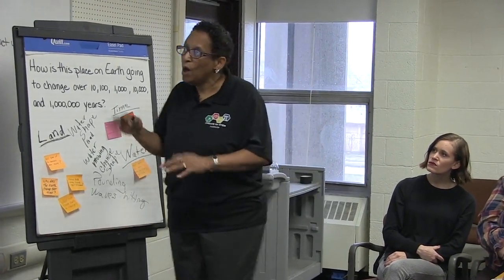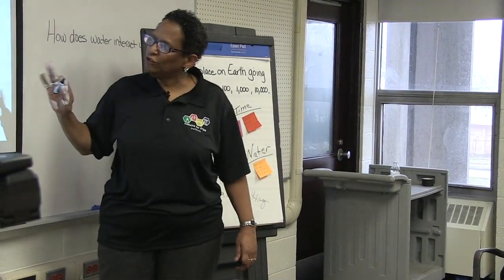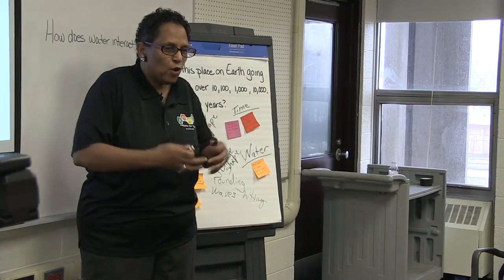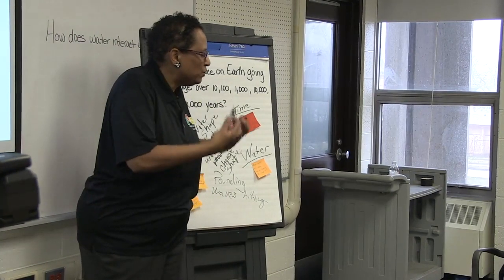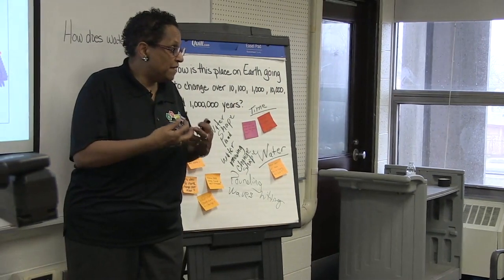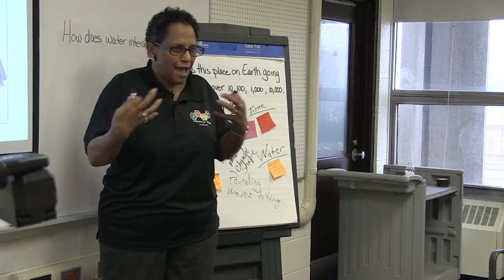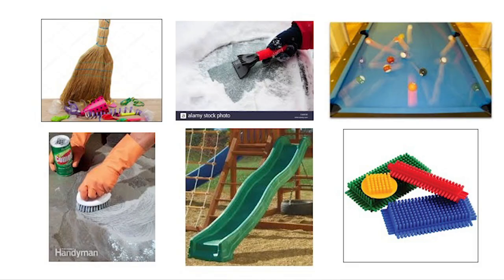So for example, we have 6 different pictures here that we want you to think about, which of these pictures are an analogy for, or give you an idea that's similar to, the way that the land and the water might be interacting. So when you think about what you saw in those pictures and the ideas that we just discussed, are the land and the water interacting more like a broom sweeping up trash?